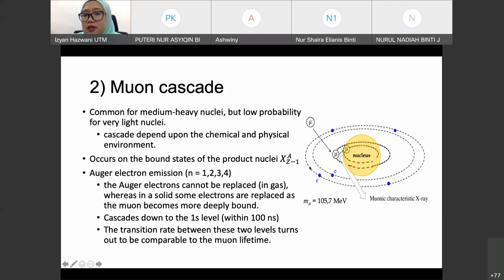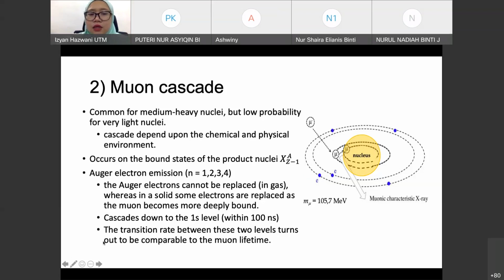Upon replacing the electron from the lower states, it will cascade down until the 1s level, the one which is nearest to the nucleus. This will take around 100 or 200 nanoseconds.